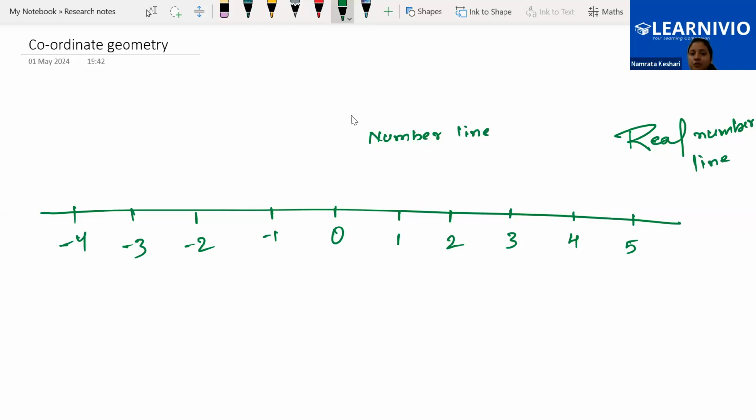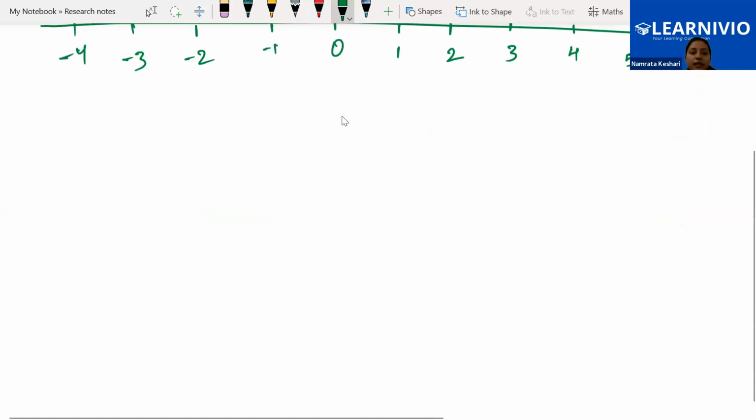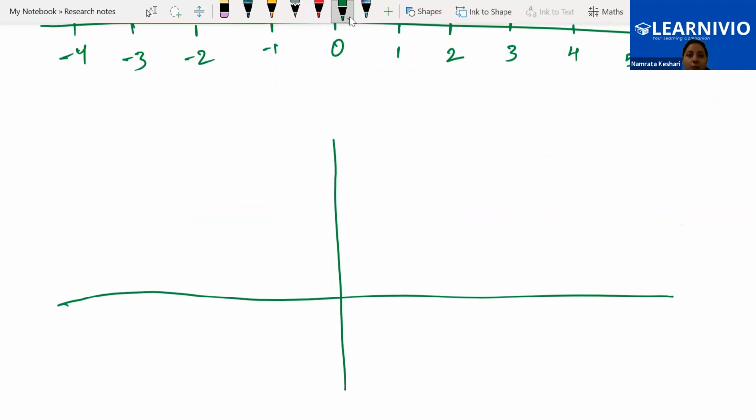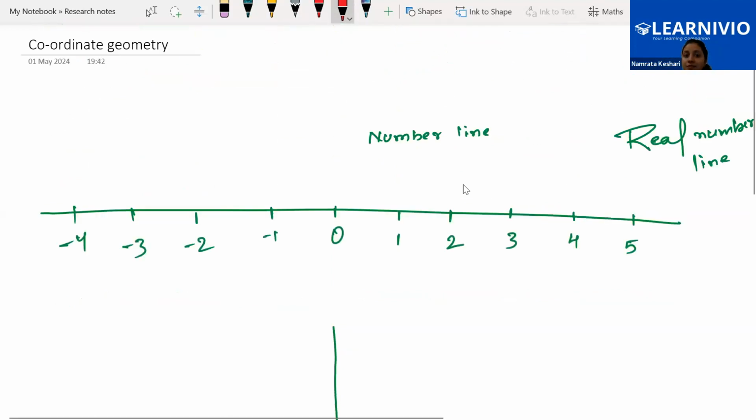We are going to take this line and place one vertically and one horizontally. So we are going to place them perpendicular, one vertically and the other horizontally. The same number line I have taken, the one above where we used to represent the integers.